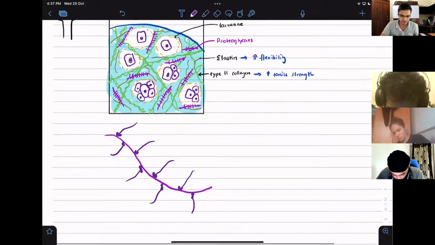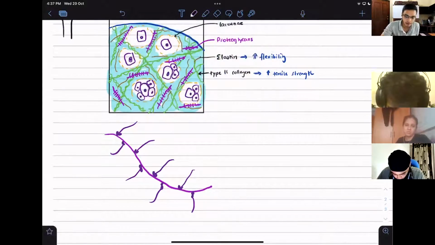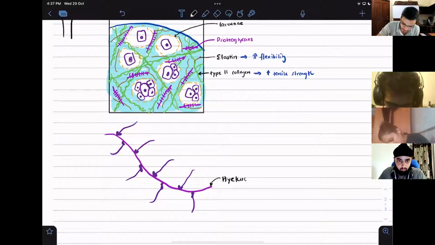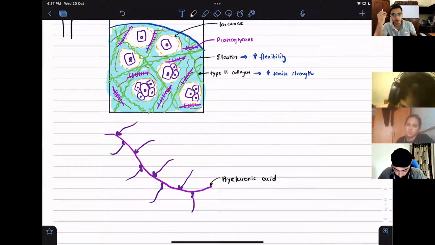What is this structure? Let's look at it, guys. This middle, the main body, this is hyaluronic acid, guys. This is one molecule of hyaluronic acid. This makes up the body of the proteoglycan.